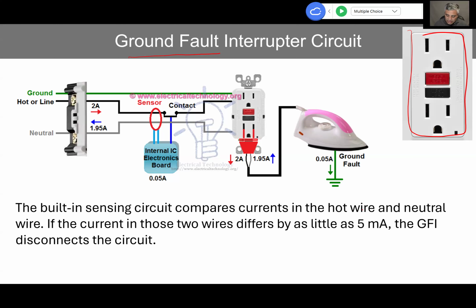And usually it is designed to interrupt when the incoming current is 5 milliamperes less than the outgoing current. Why 5 milliamperes? Because if more than 5 milliamperes of current goes through our body, it may cause damage to our heart and other body parts. So that's what it is done for safety.